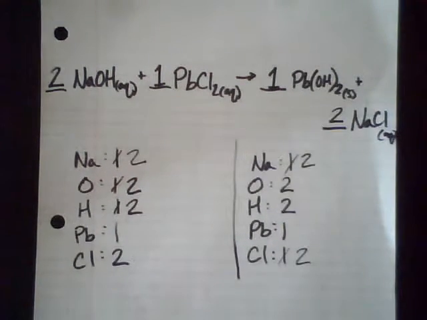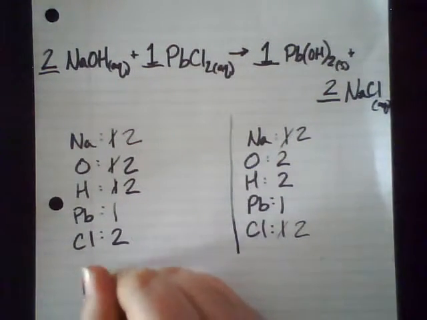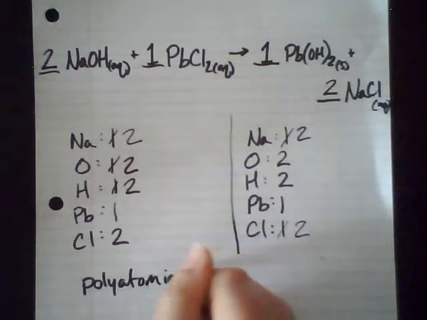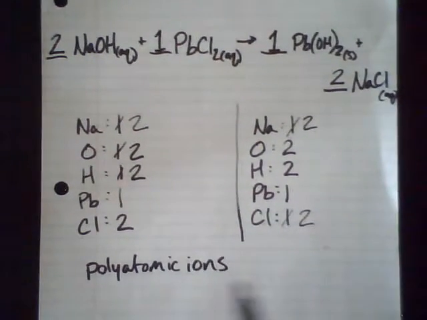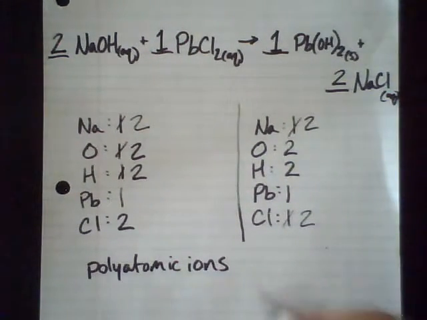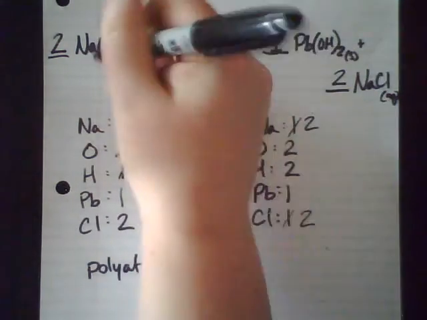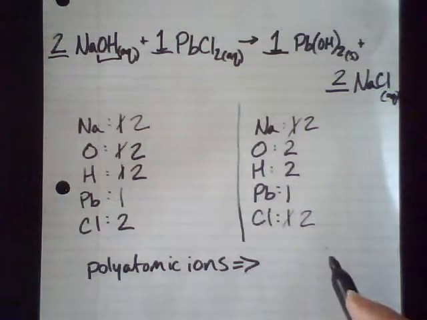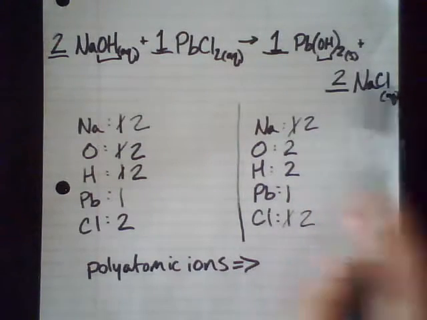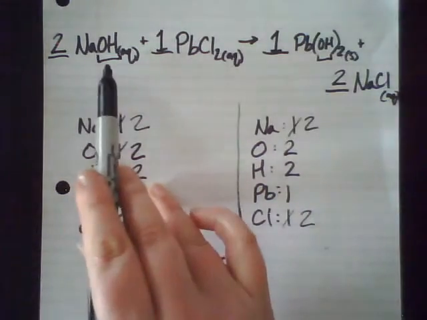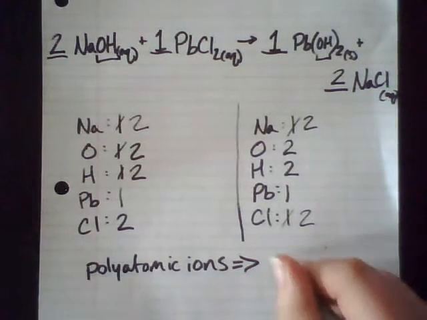Now another way that you could have done this, and this is why we learned about polyatomic ions. Remember polyatomic ions? Of course you do. Polyatomic ions were these groups of atoms with a charge on them, and if it stays as a group from one side to the other, meaning that it starts on one side as hydroxide, say, which is our polyatomic that we recognize from here, and it stays as hydroxide, so it doesn't split apart into oxygen and hydrogen and something different, but it stays as OH on each side, we can keep those polyatomic ions as a unit.